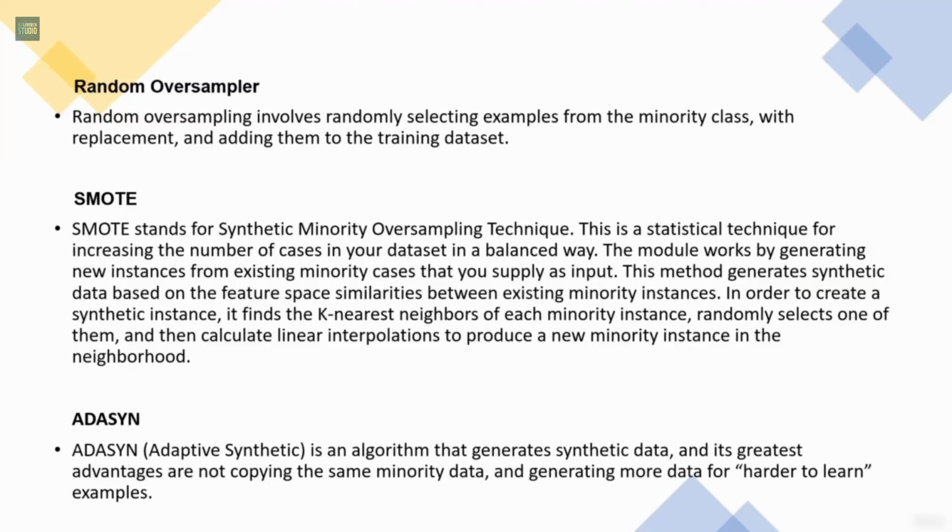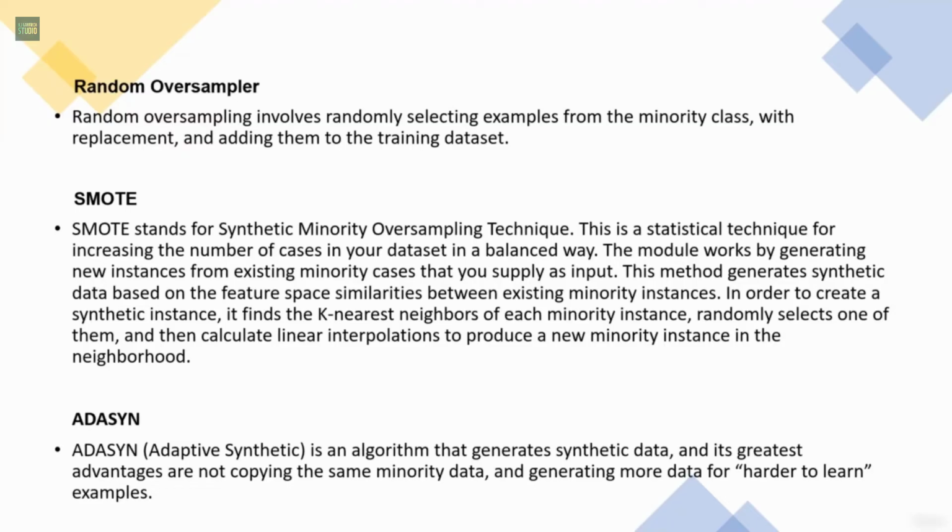So that's all about random oversampler, SMOTE and ADASYN, where we try to generate more data for the class which is less in number. In this dataset, we have a small number of fraud transactions.